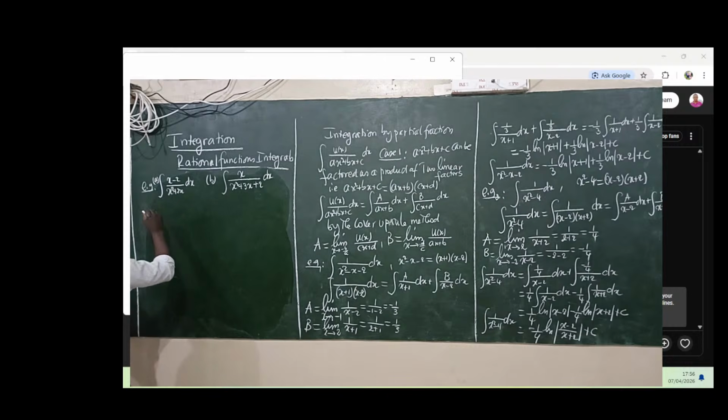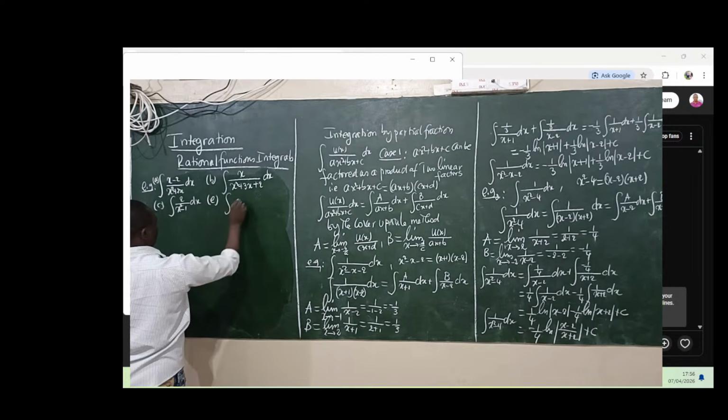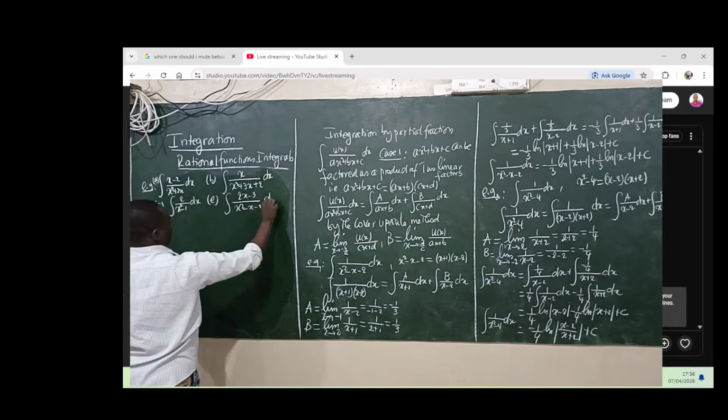C. We have the integral of 2 by x squared minus 1 dx. E is about the integral of 2x minus 3 divided by x squared minus x minus 2 dx.